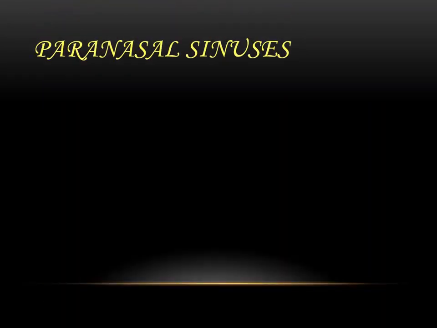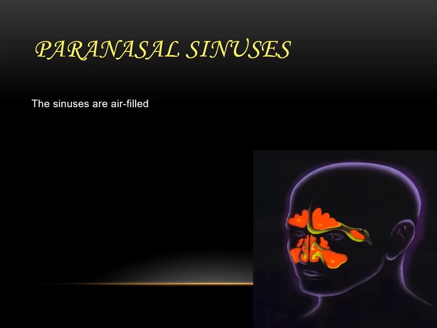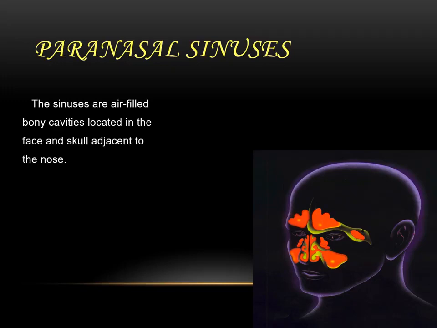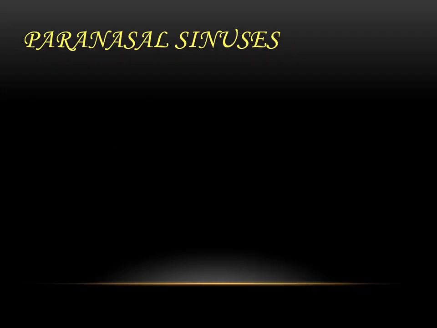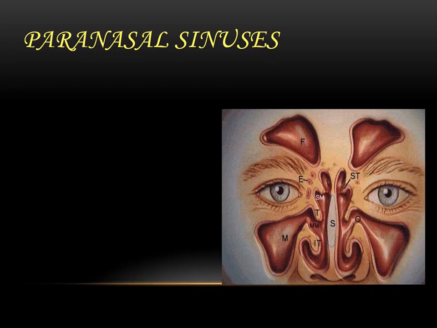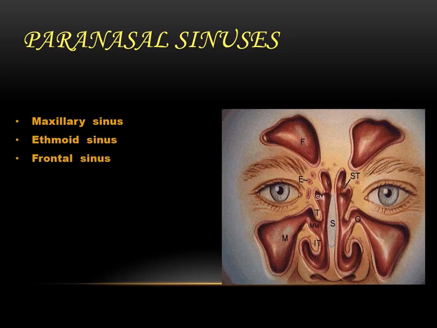Now we are passing to the paranasal sinuses, which are air-filled bony cavities located in the face and the skull adjacent to the nose. We have the maxillary sinus, ethmoid sinus, frontal sinus, and sphenoid sinus.